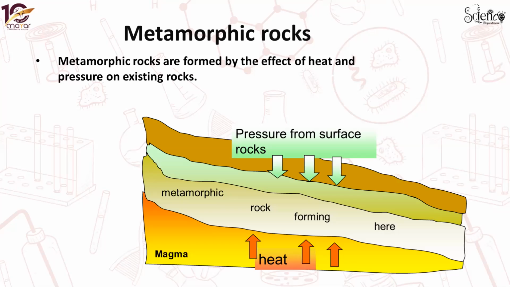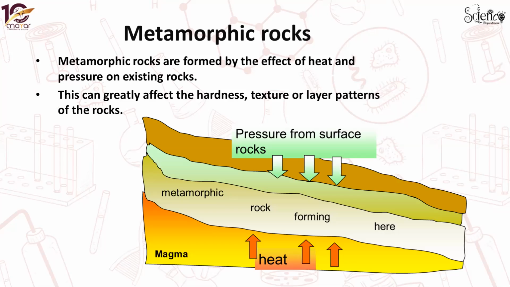So metamorphic rocks are actually igneous or sedimentary rocks that change into metamorphic. So I must start with an igneous or sedimentary rock, then put it under pressure and temperature, and it will change into a metamorphic rock. Okay?